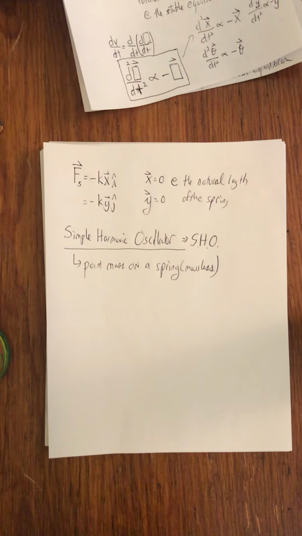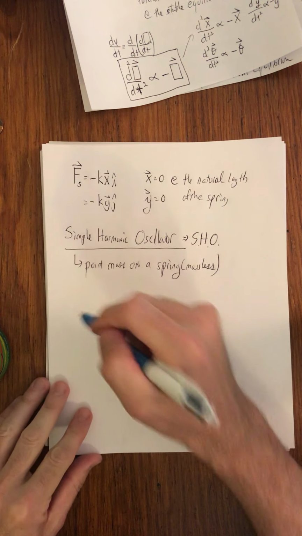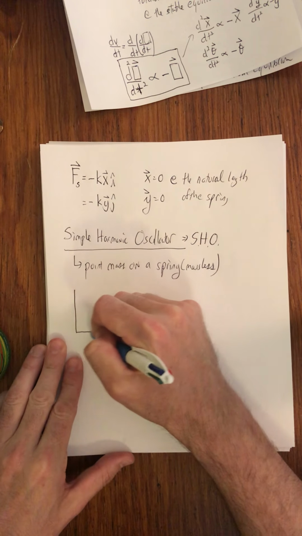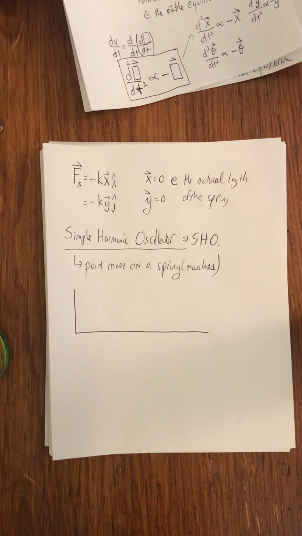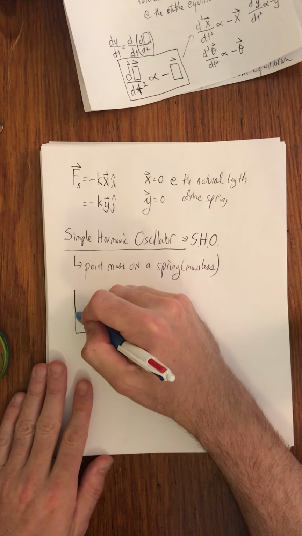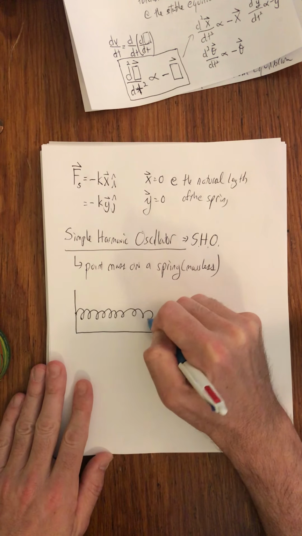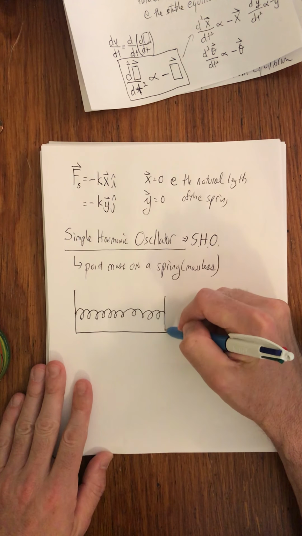Right. So here's what we're going to do. We are going to look at a mass on a spring, and I'm going to do a series of drawings on the next piece of paper, but just to keep this nice and simple, just so I can outline what my process is, let's say we attach the spring to a wall, okay? And then we're going to put a mass on the end of the spring.